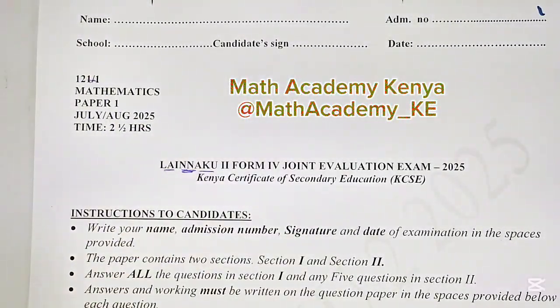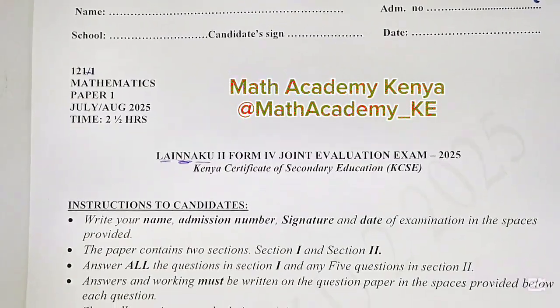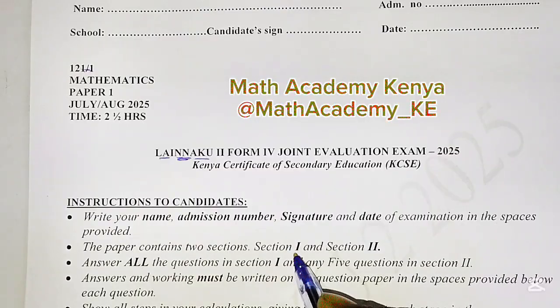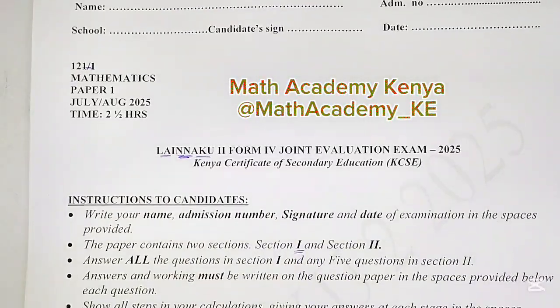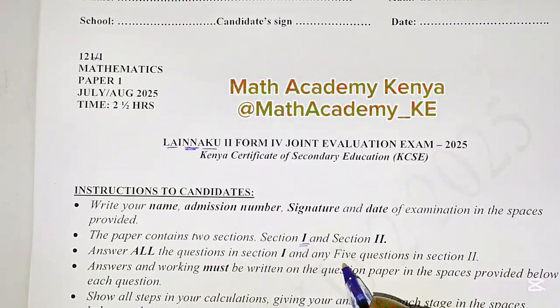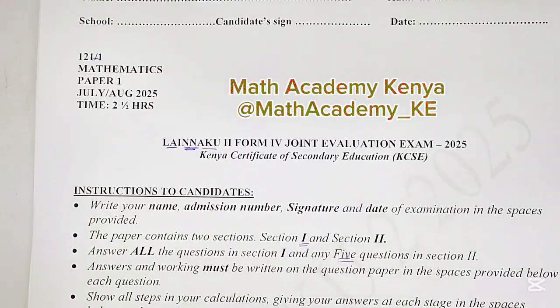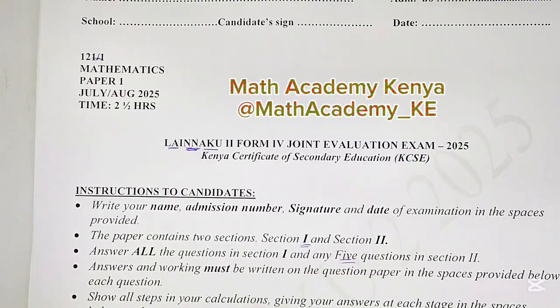Now, for every learner, it is good to understand the instructions that have been given in any paper. So, for this mathematics paper, you are supposed to do all questions from section 1. Then you only choose 5 questions from section 2. Only choose 5. And you have to do everything on the question paper.